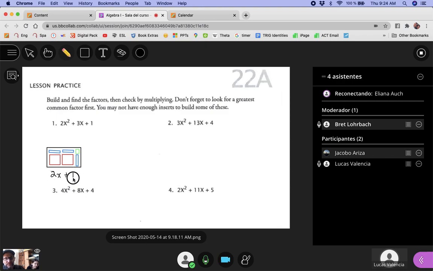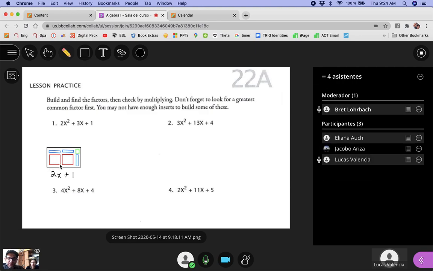Yeah. 2x plus 1, because the distance from here to here is x. From here to here is x, so that's 2x. But the width of these blue rectangles is just 1. So this is x, that's 2x plus 1.